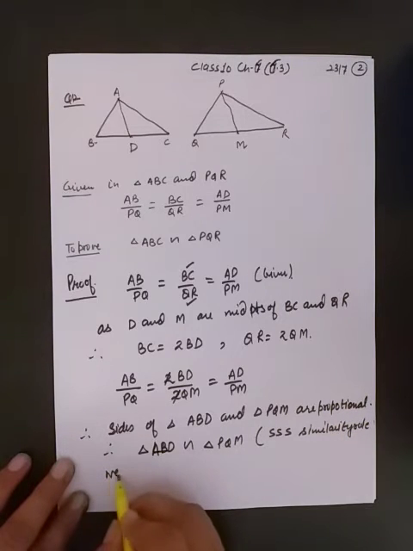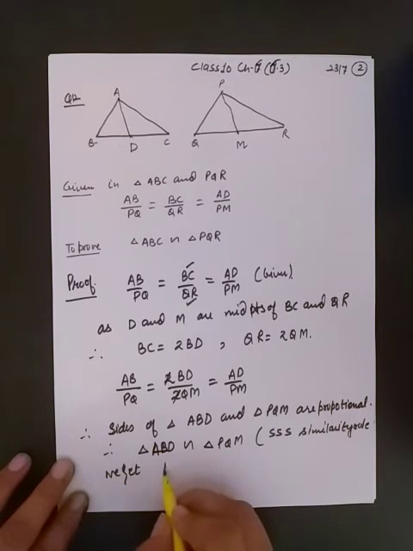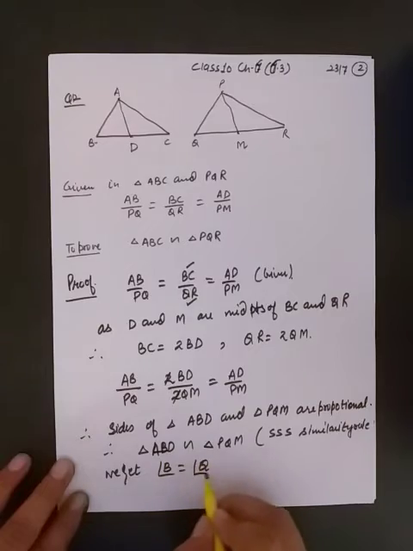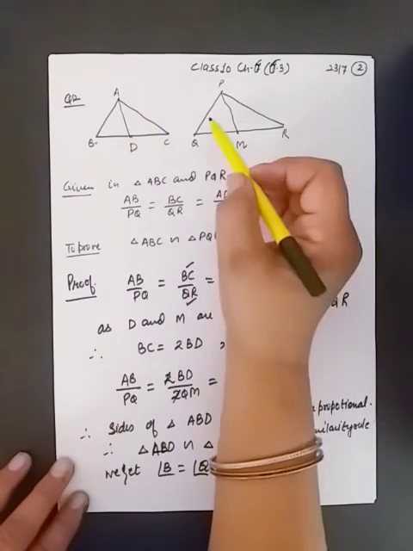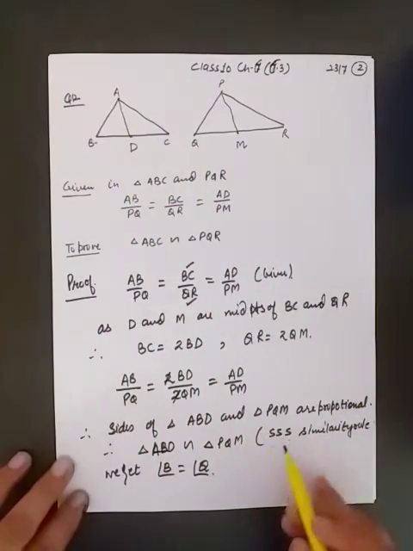So we get angle B is equal to angle Q and AB by PQ is equal to BD by QM.